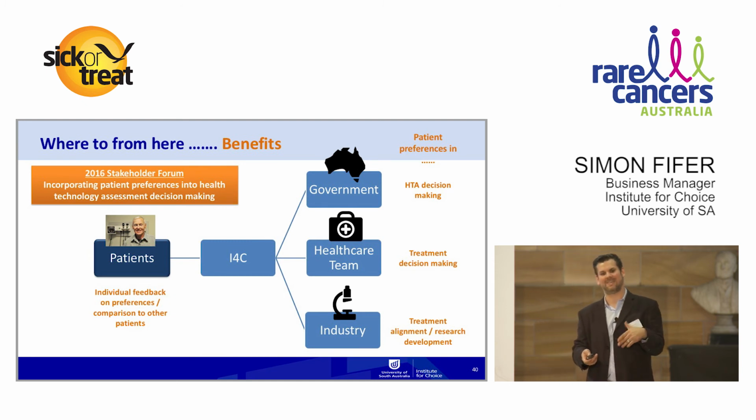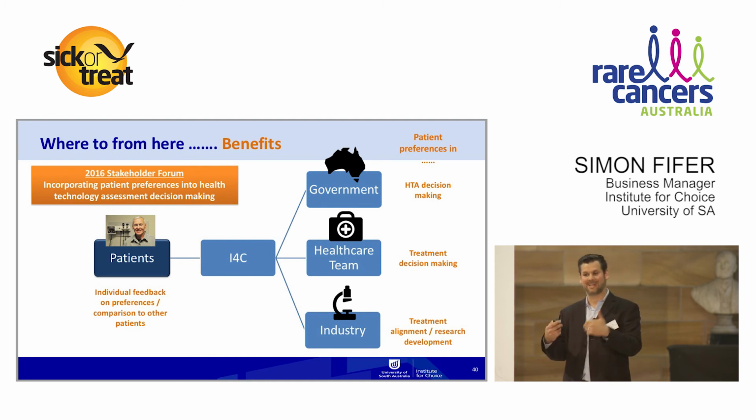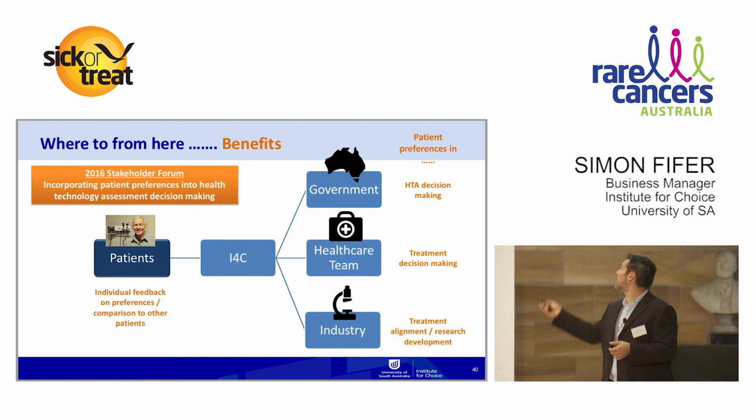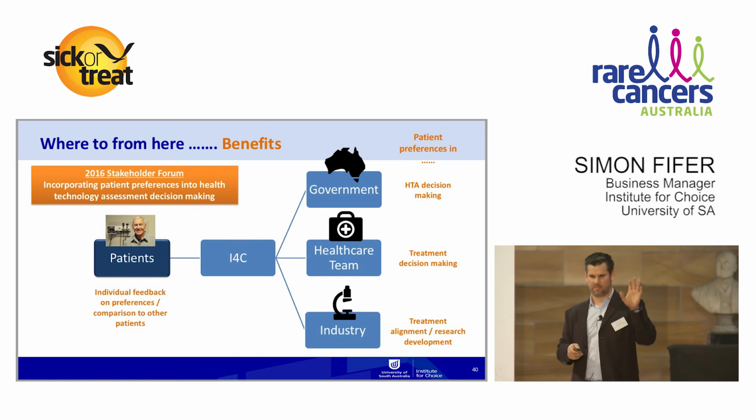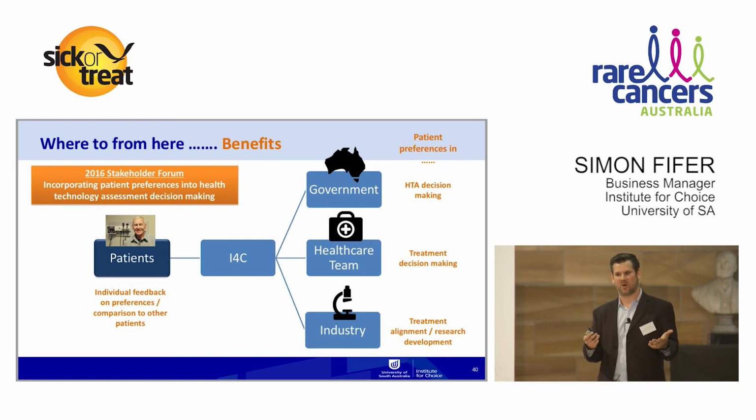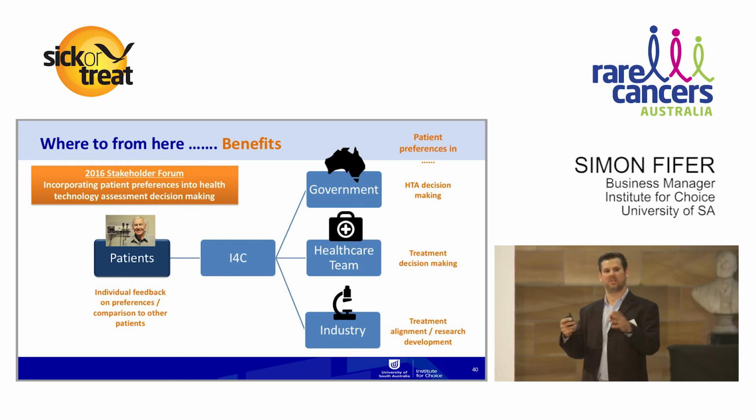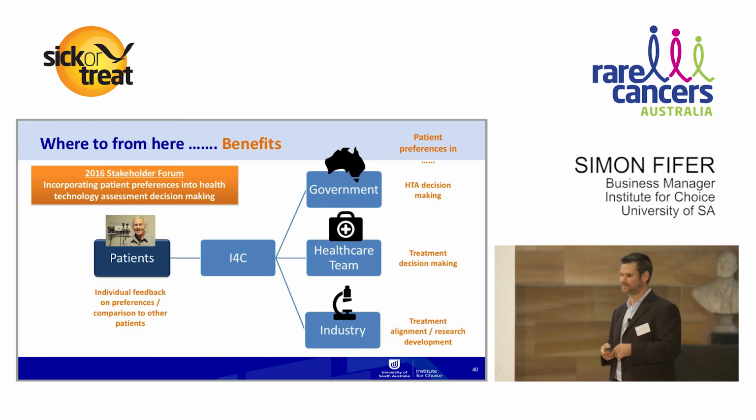That's very important to give feedback to the patients. So it's not just about us getting information for research, it's giving information back to patients that they can then take on board. That links in with the government. That's part of the forum, so we want the government to be involved, look at how they're using patient information now, and what they can then do with the information once we put it into a more rigorous format like the choice modelling structure that we're doing now.